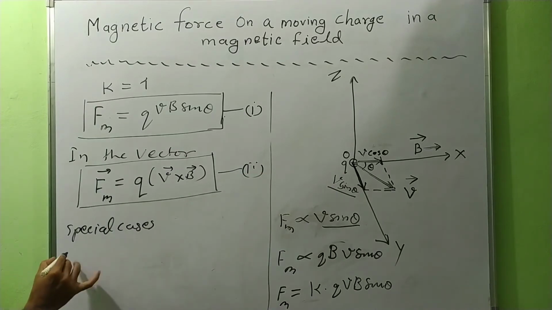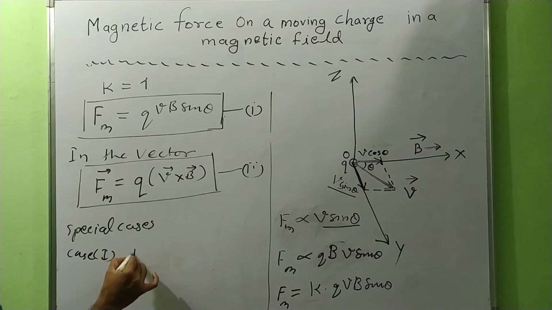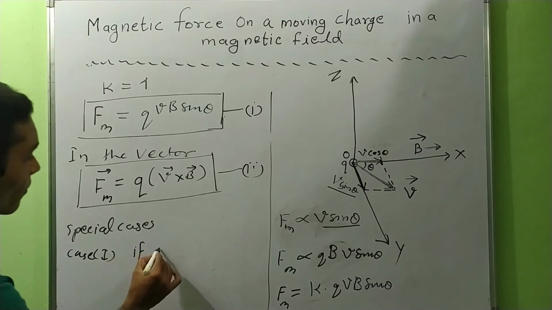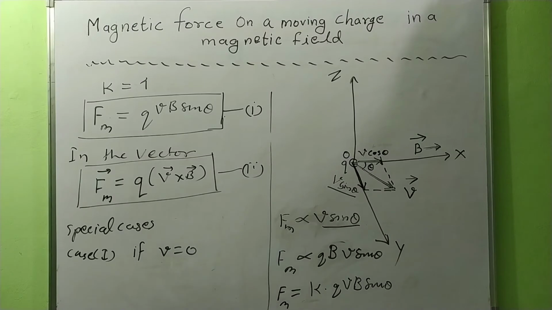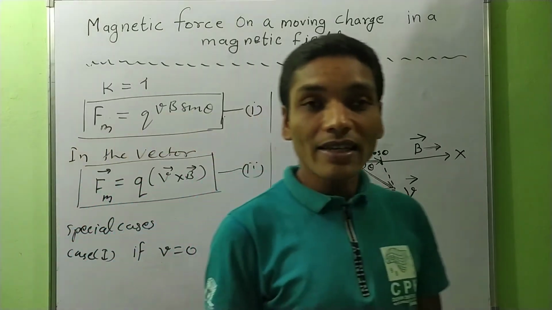Special cases. Case first: if v equals 0, what does it mean? If v equals 0, it means the charged particle is at rest.